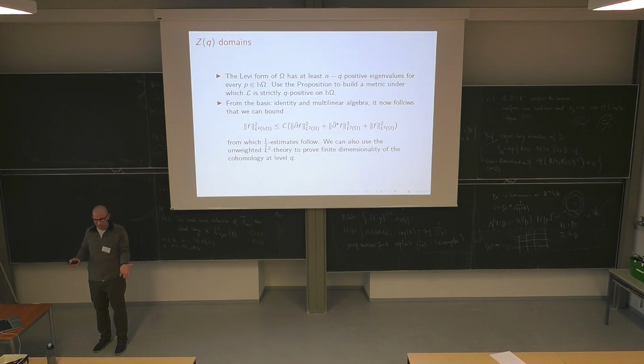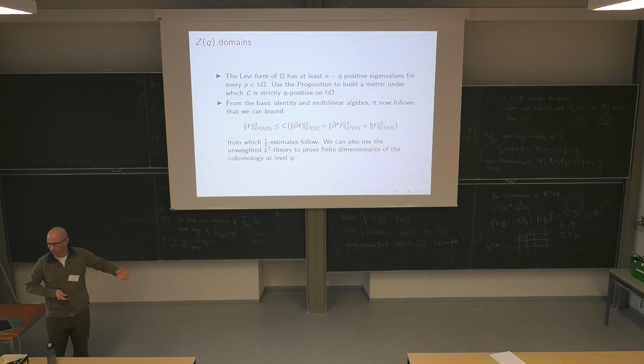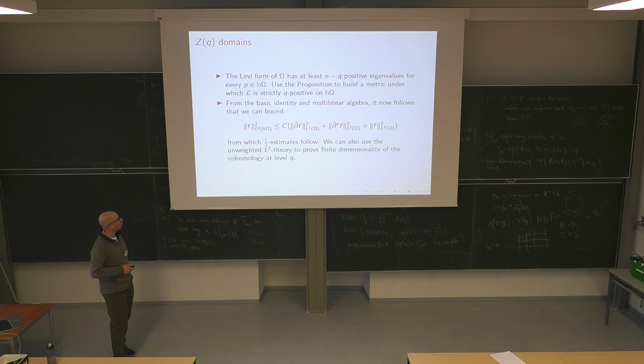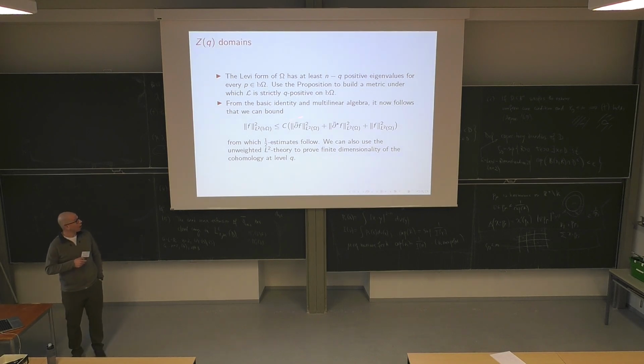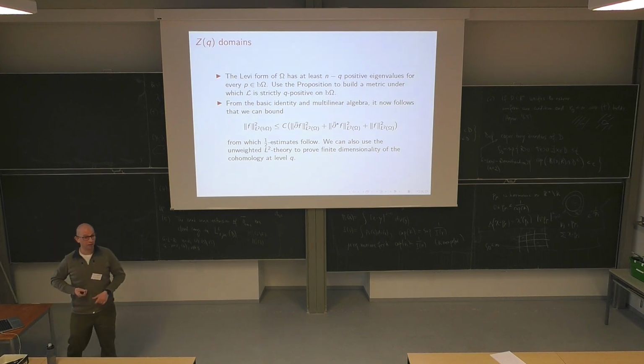I have no doubt that he knew it. He just didn't actually write it down in his paper. So our proof provides, I think, a new proof of this result that's very much in the spirit of the metric construction.